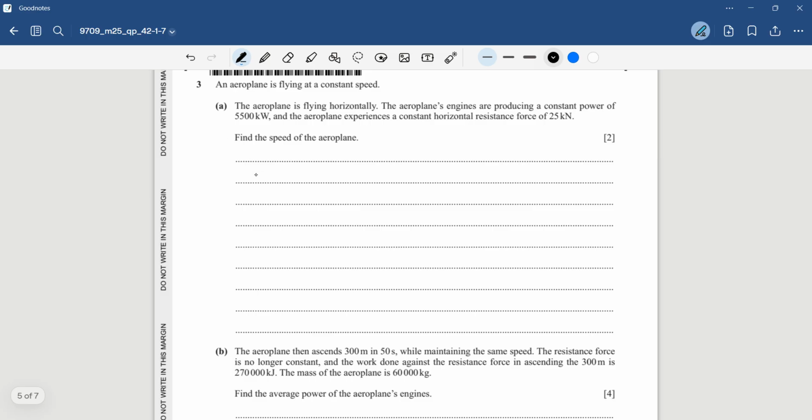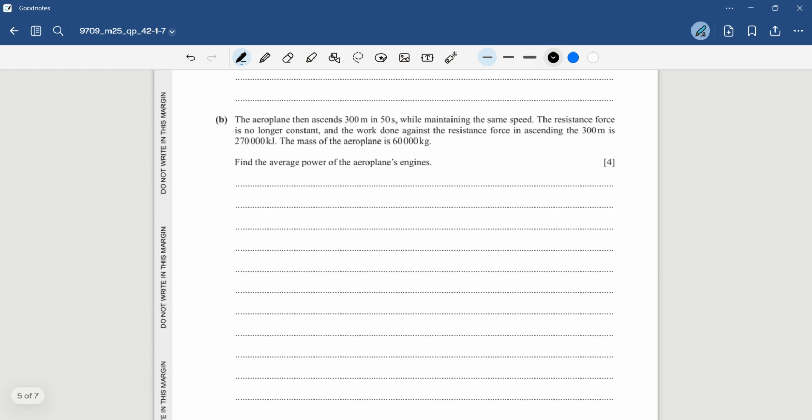Power is P equals Fv, and the F we use here is 25 kilo. Therefore, 5,500 kilo equals 25 kilo times v. Therefore, v is going to be 220. That's it.